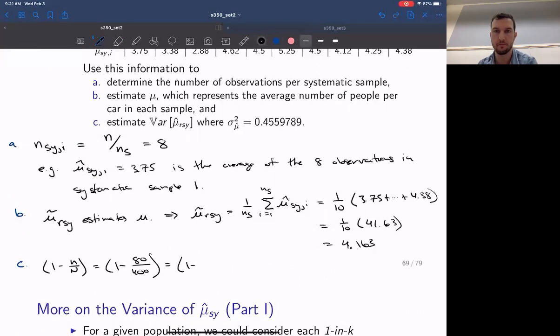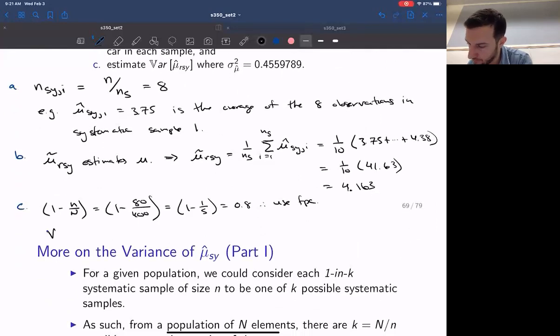Simple math, right? Divide by 40 is 2. Divide by 40 is 10. So that's 2 over 10, which is 1/5. 1 minus 1/5 is 1 minus 0.2, which is 0.8, right? So this is 1 minus a fifth, which is equal to 0.8. Therefore, use FPC.